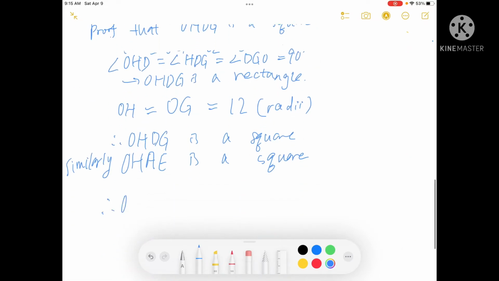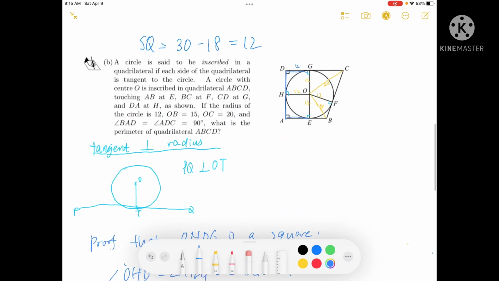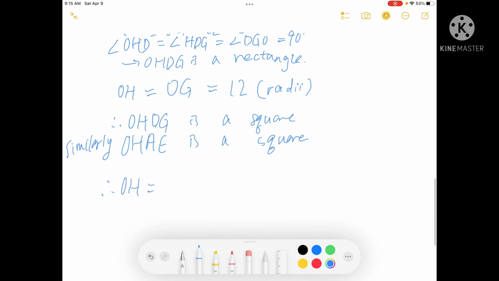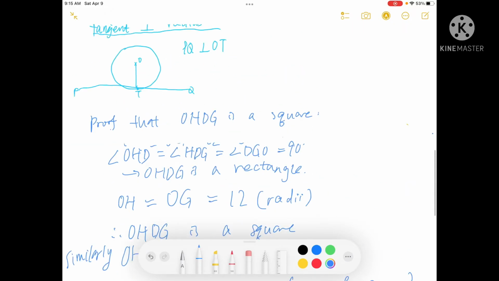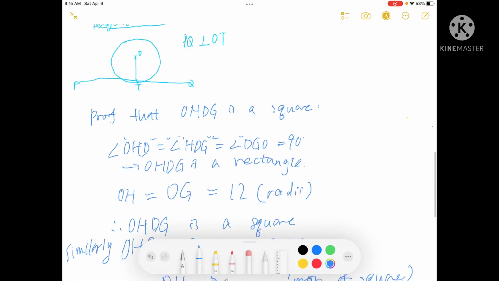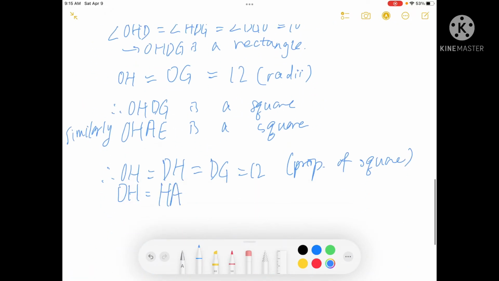Thus, we can write that OH is equal to DH is equal to DG is equal to 12, property of square. And OH is equal to HA is equal to AE is equal to 12, which is another property of square.